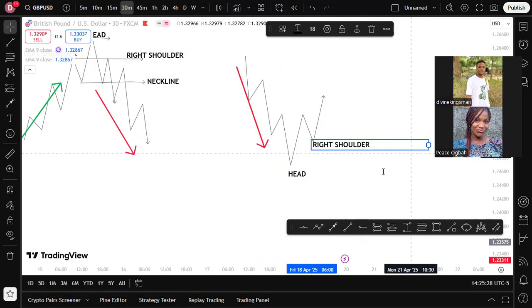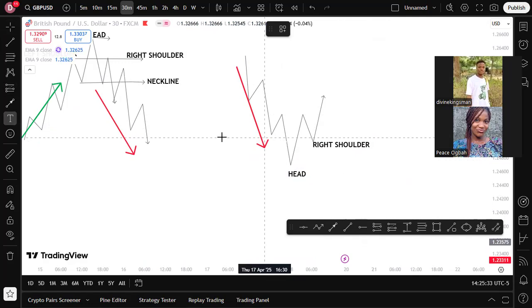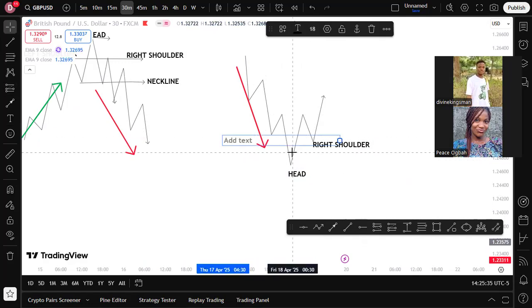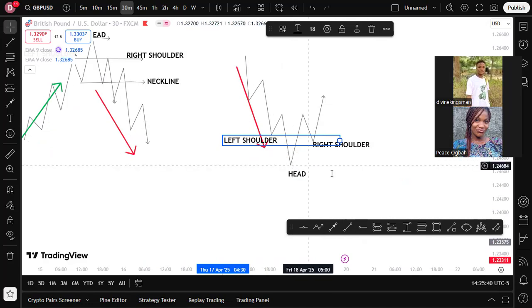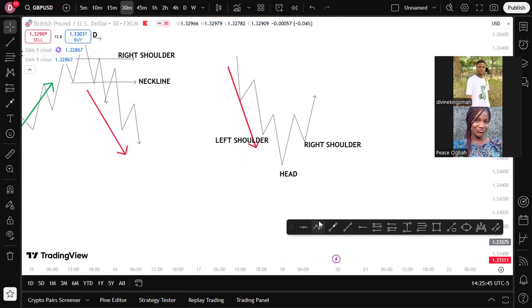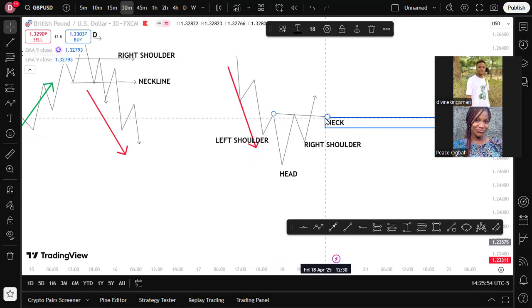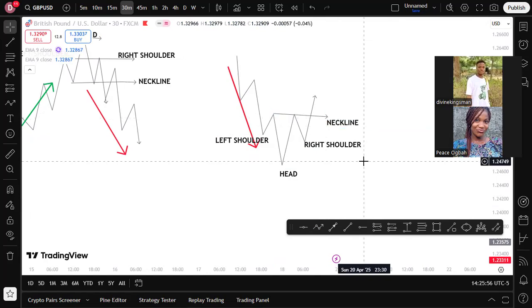Then here is the left shoulder, and this is also our neckline as well. So when you see this in the market, especially at the bottom of a downtrend, it signifies that a bullish reversal is about to happen.